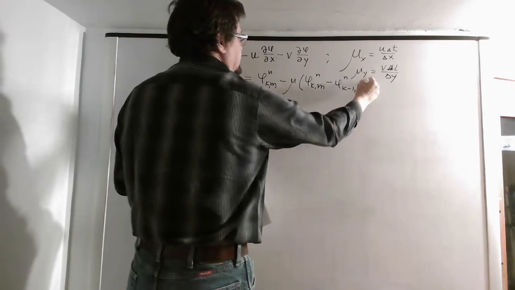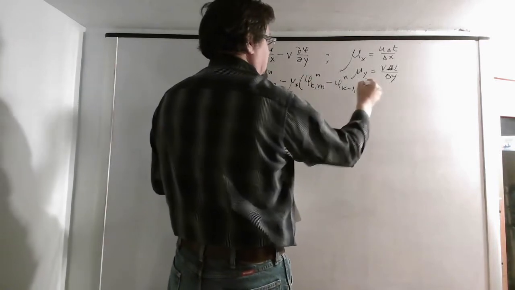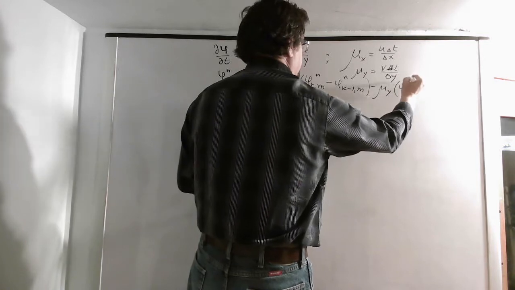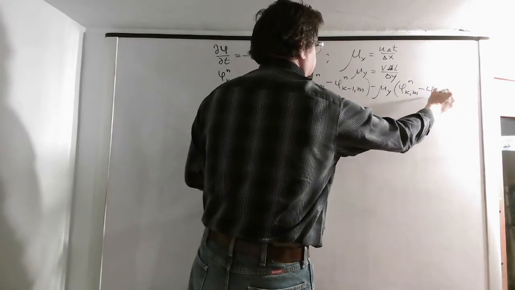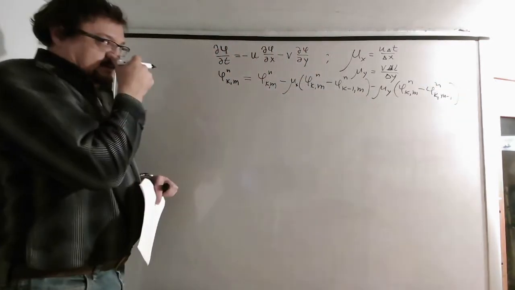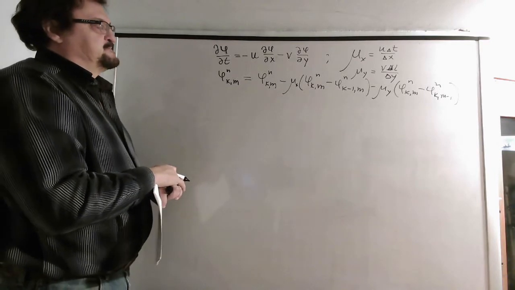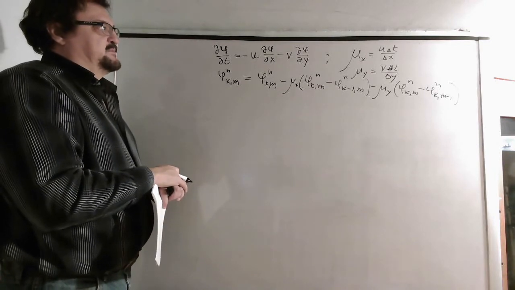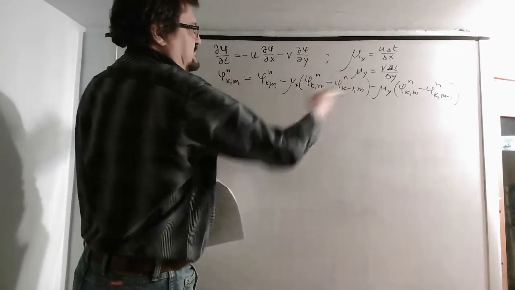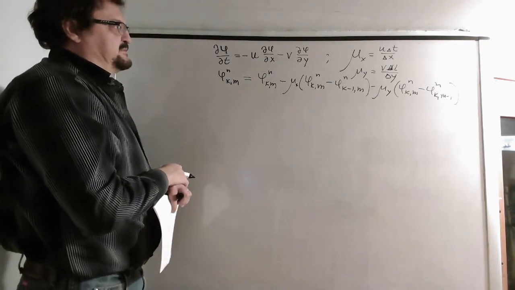It's upstream biased in the x direction, and this one is upstream biased in the y direction. So this is our direct extension of our one-dimensional upstream bias scheme to two dimensions. We just add an additional term here.